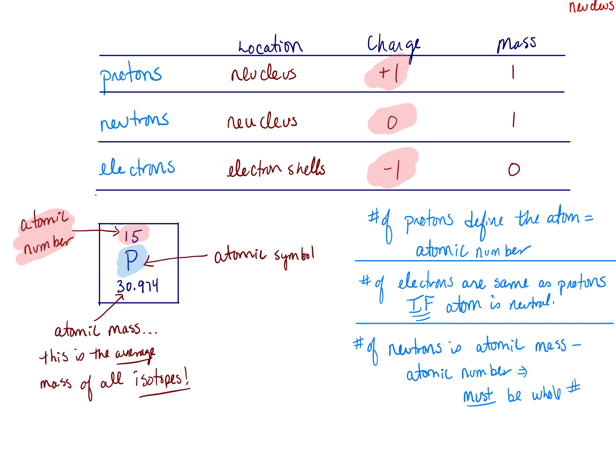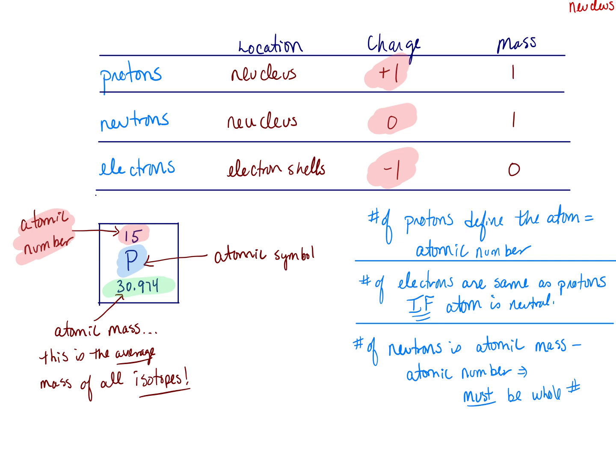Okay. Now, the bottom portion is a number with lots of digits sometimes. This is representative of the atomic mass. But remember how I said that we can have different numbers of neutrons in a given atom or a given element? Well, this is the average of all of them together in the entire universe. So yeah, you're going to have a decimal point there.